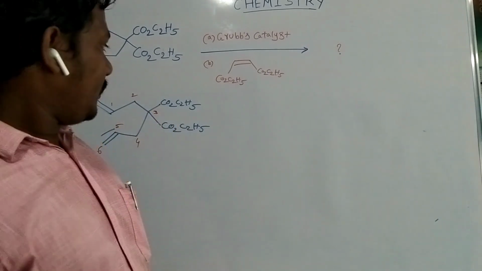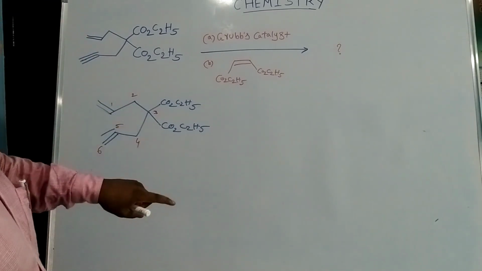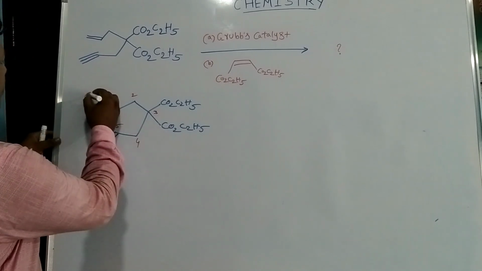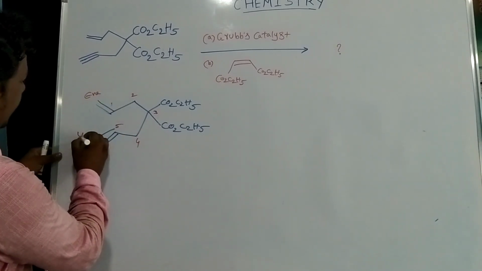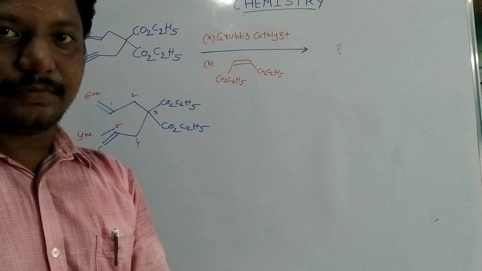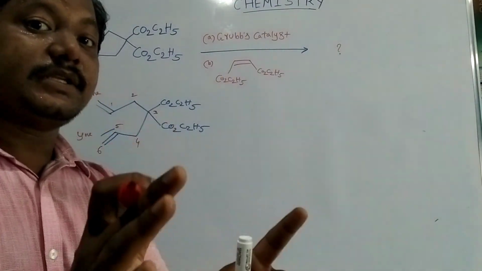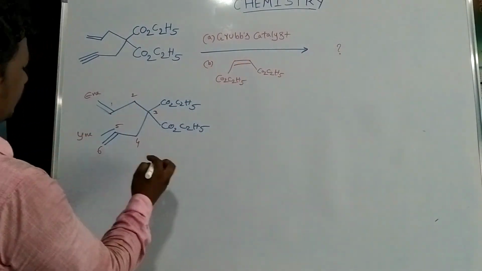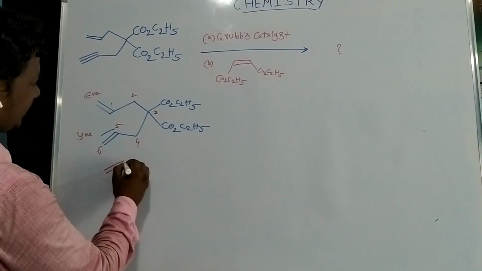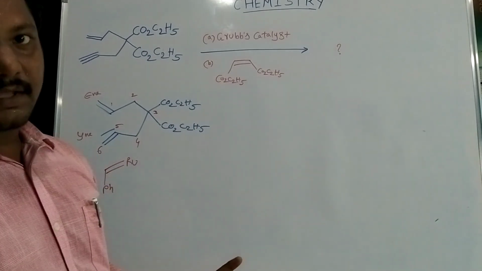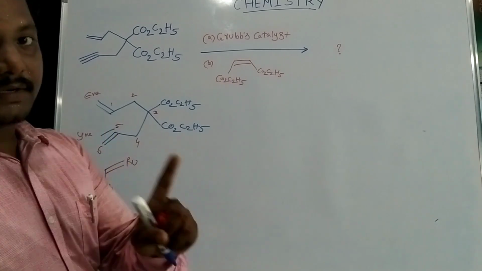If you look at this substrate, which is more reactive? The substrate has an alkene, ene, and an alkyne, yne. Which is more reactive? The yne is more reactive compared with the ene. Why? C triple bond C. And then Grubbs catalyst, we know, right? Ruthenium Ph. Grubbs catalyst is a carbene catalyst.